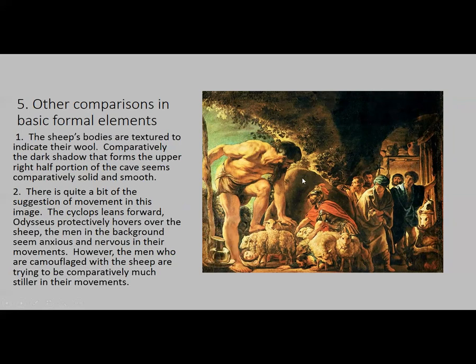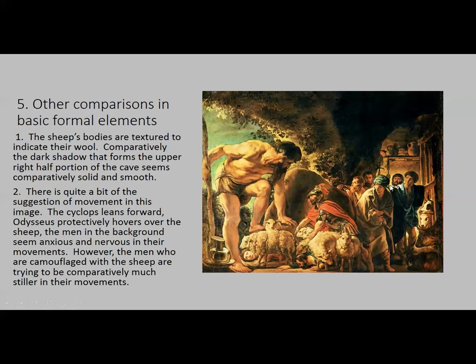So now we can go to suggestion of time and movement. These vines are blowing in the wind. The Cyclops, there's a suggestion that he's leaning over and checking the sheep. And then Odysseus here is hovering over the sheep in a way to protect his men that are hiding. These guys back here are anxious.